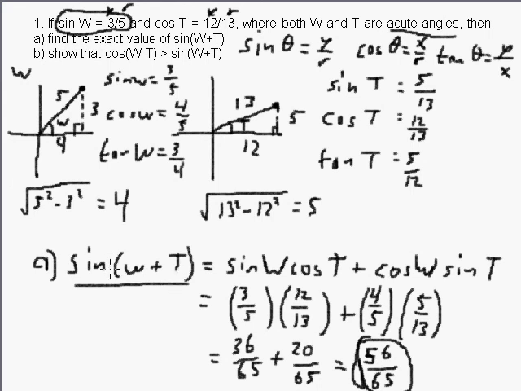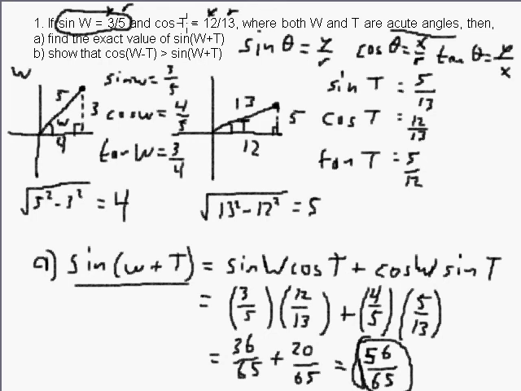Then, because you've got this, you use your compound angle formula, because I don't know what w and t are added together. So I break it into this, because now I even know some of these. I already know sine of w, and I already knew cos of t, so I could at least get half of it. And then the other half is where you have to remember that if they give you this exact value for sine, you can find cos and tan going about it this way.